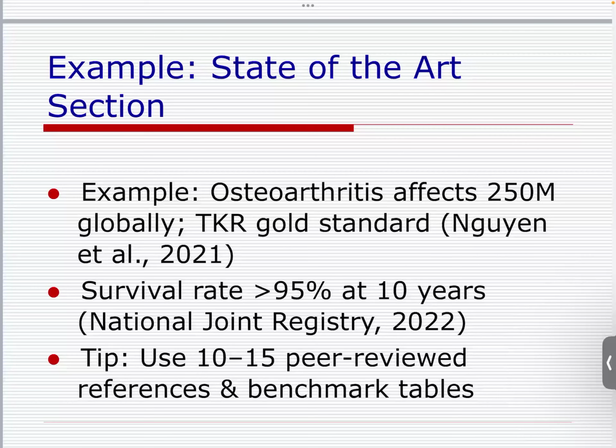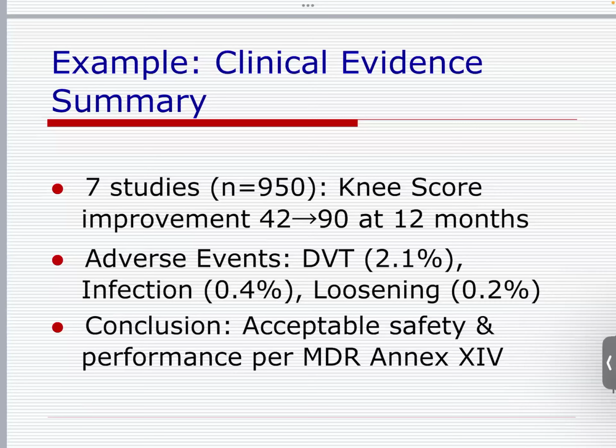One more example, the summary, because the summary is also included in our CER. What can a summary look like? They can say we have used the data from a total of 7 studies, where n is 955, meaning 955 participants. Knee score improvement 45 to 90 at 12 months.